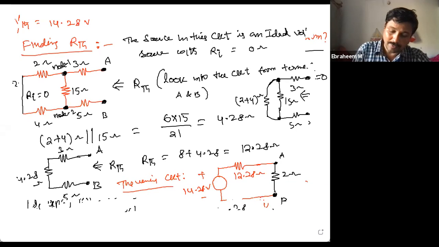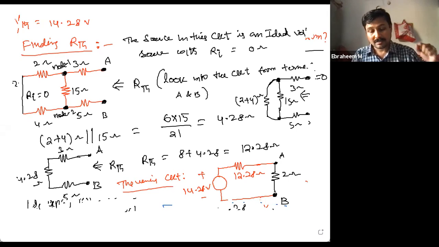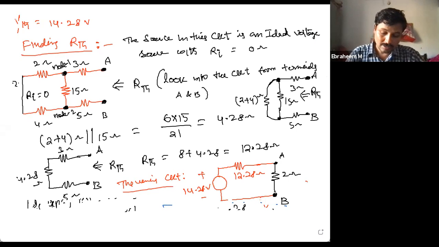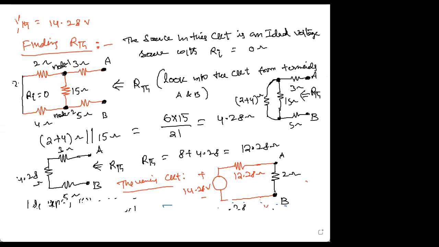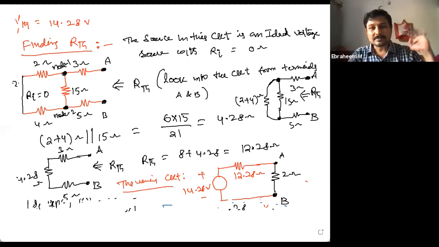This is 1 ampere. Luckily we got a round figure, 1 ampere, right? Anybody who can respond and speak? Also remember said the current is 1 ampere. He has calculated. Okay.